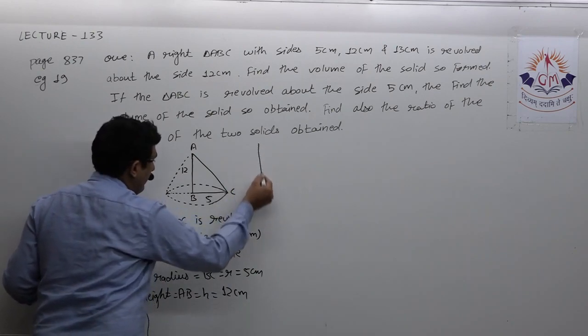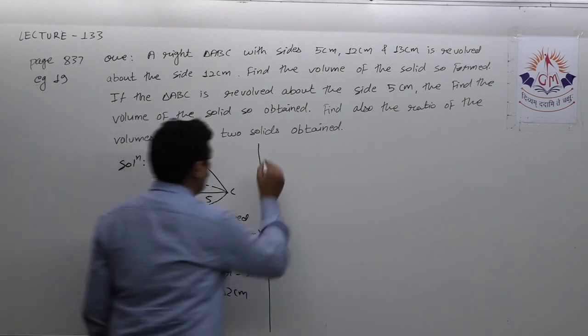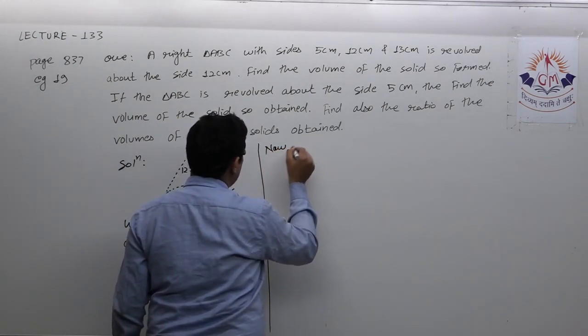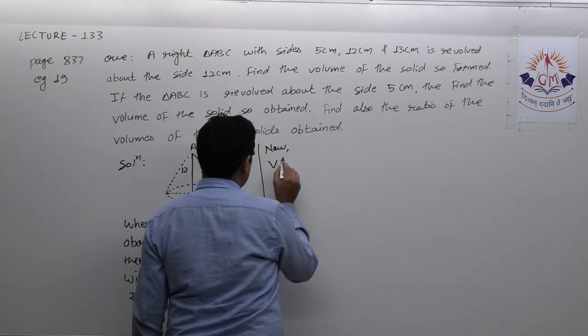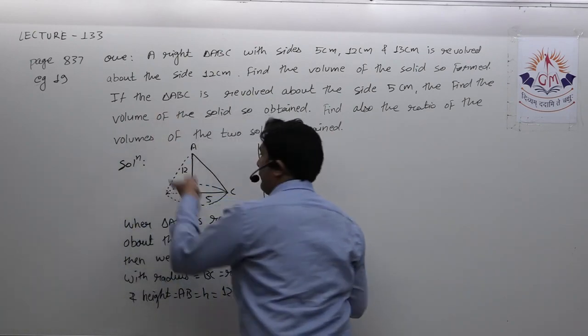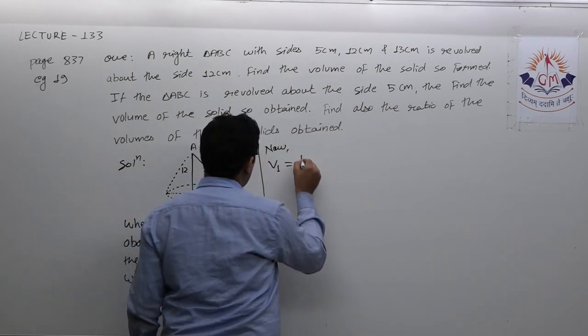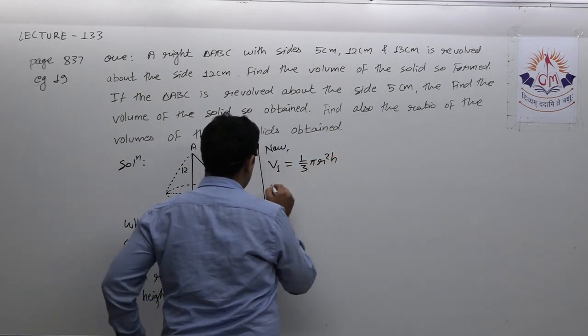So now when we have the radius and the height, it is very easy to get its volume. As there are two different cones, we say this is volume V1, and V1 is equal to 1 by 3 pi r square h.